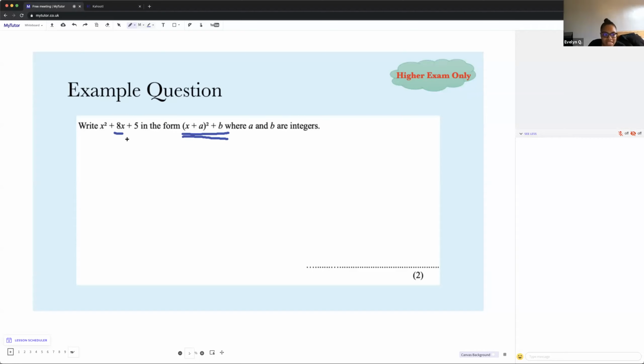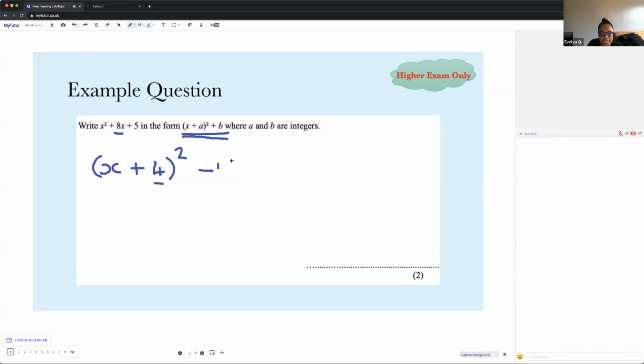Right, b is 8. Remember, what goes inside the brackets is x plus half of b. So in the brackets, we're going to have x plus half of 8. Half of 8 is 4, squared. And then remember, we have to subtract this number in the brackets squared and then add on our c. So 4 squared is 16.